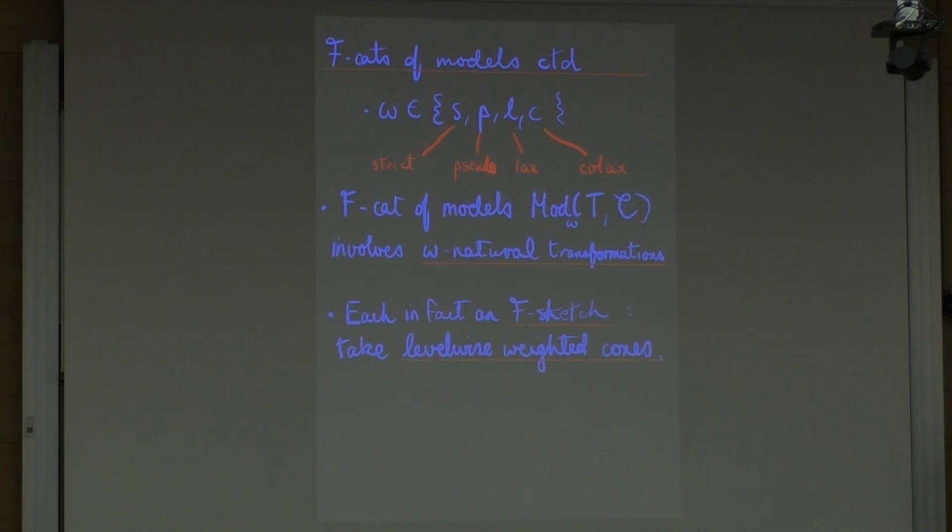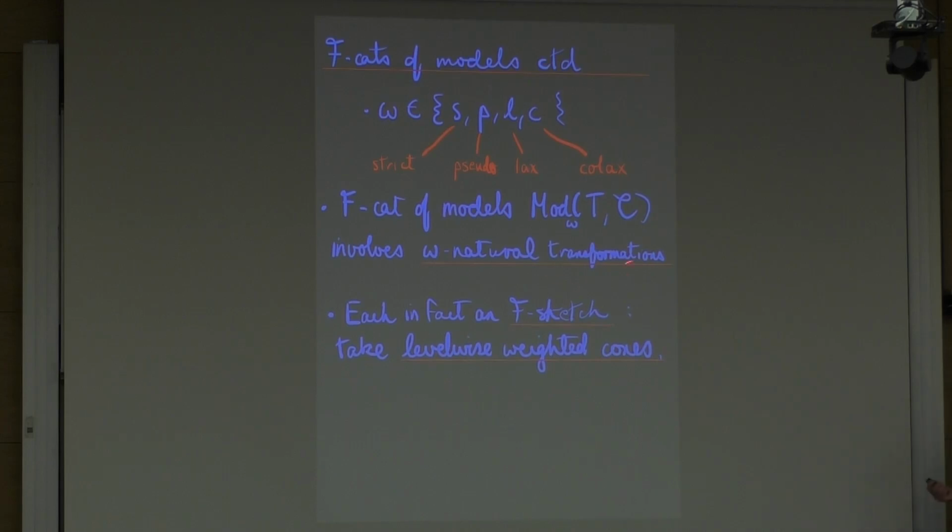And each of these is in fact itself an enriched sketch, because you can just take the level-wise weighted cones. In other words, you can evaluate a cone, any weighted cone, in here for each T and ask whether that is a cone in C. And so they're the level-wise ones, and that makes it an enriched sketch.